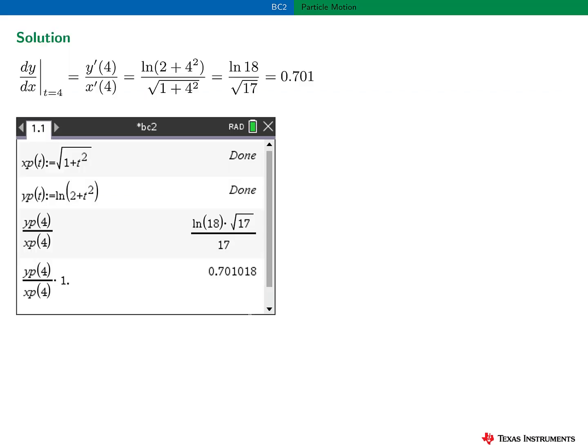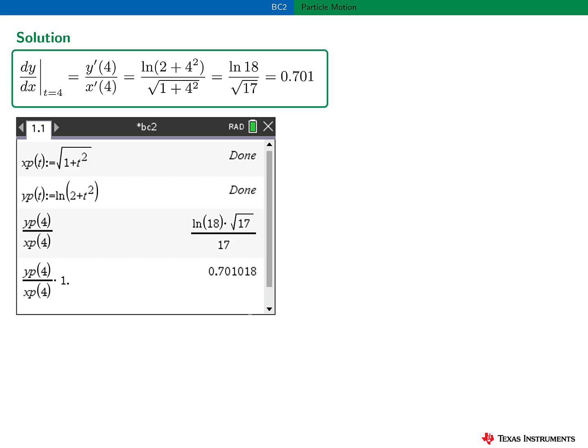Here is just a little bit more detailed solution and a calculator illustration. As is often the case with particle motion problems, we need to translate the question into mathematics and simply use or apply the correct formula. Here, the slope of the tangent line at t equal 4 is dy dx evaluated at t equal 4.